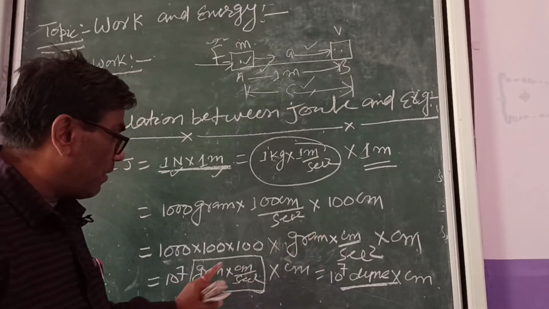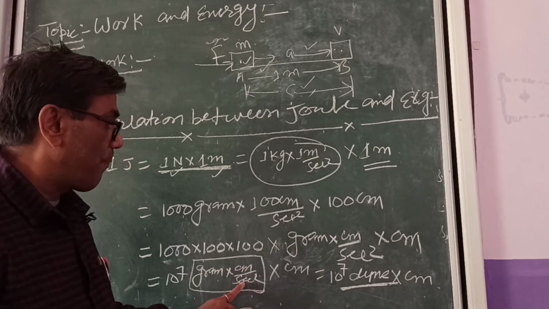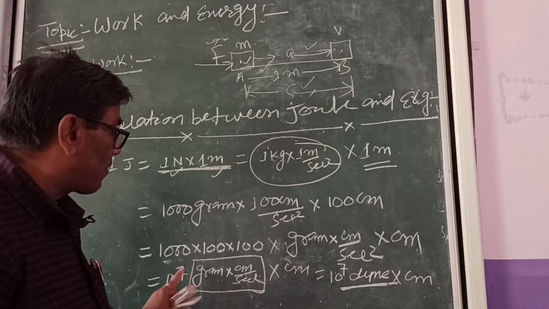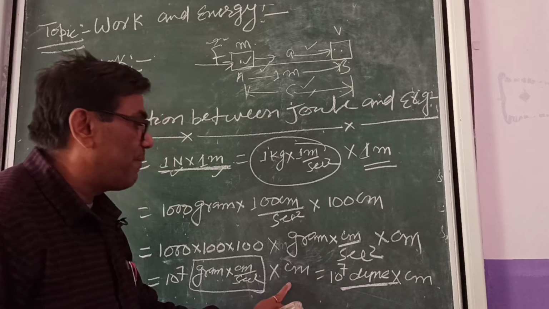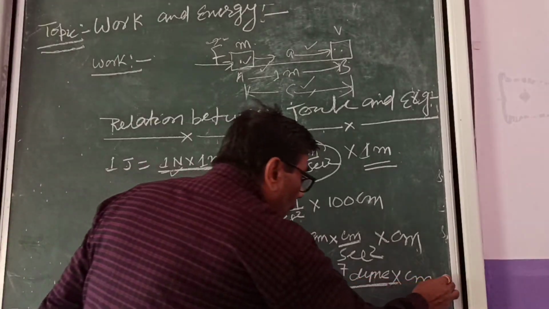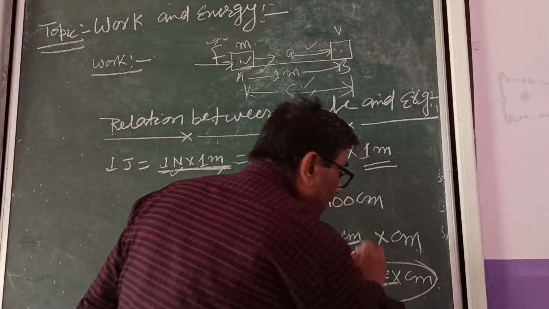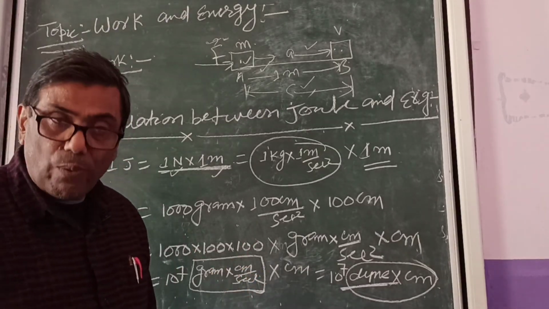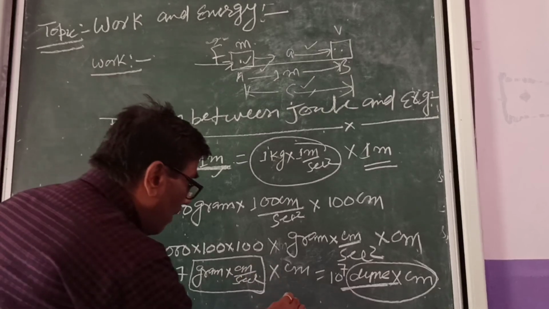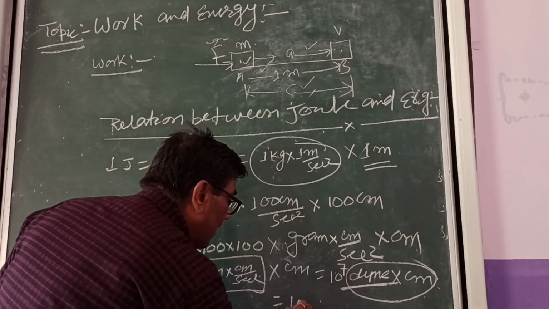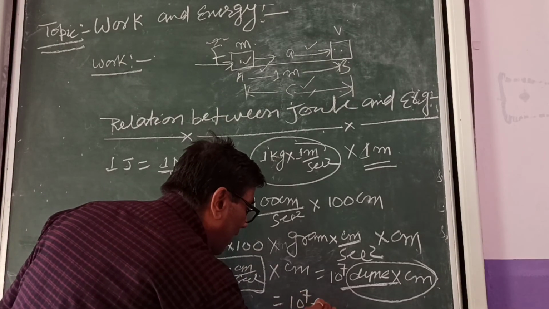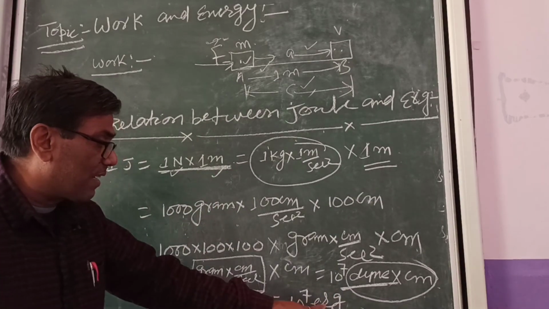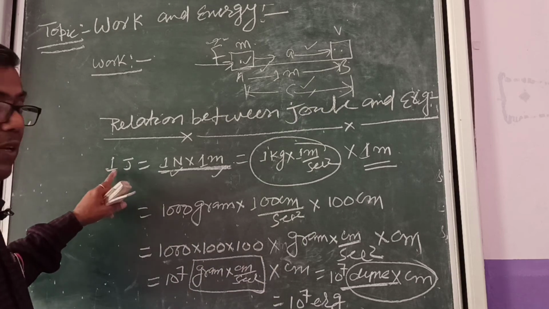So we can write 10 power 7 dyne into centimeter. Now 1 dyne into centimeter, the CGS unit of work, is known as erg. So this is 10 to power 7 erg, which is equal to 1 joule.